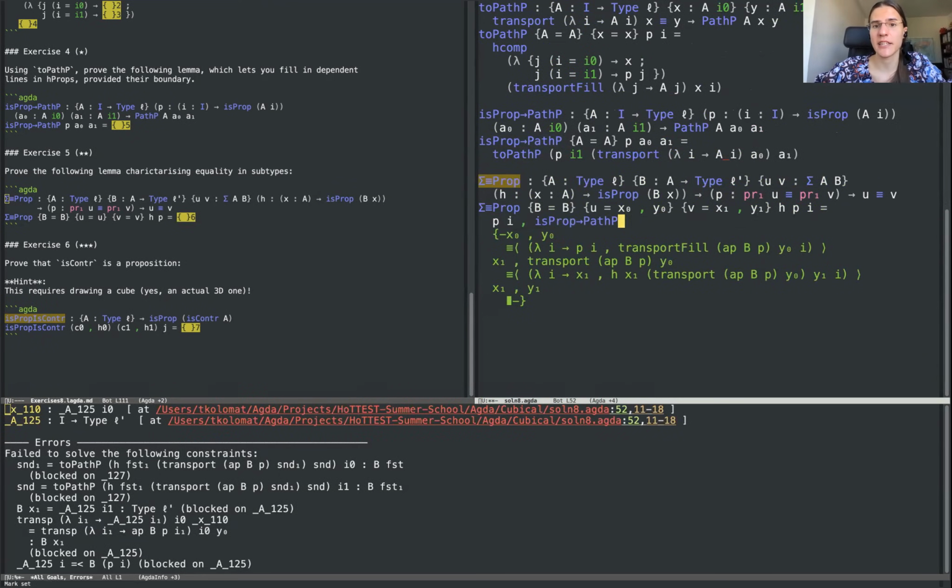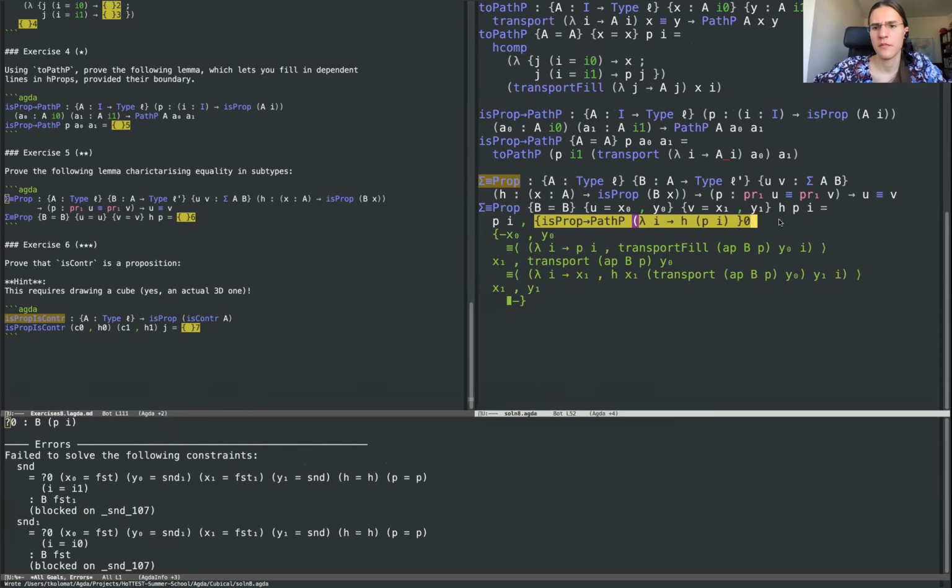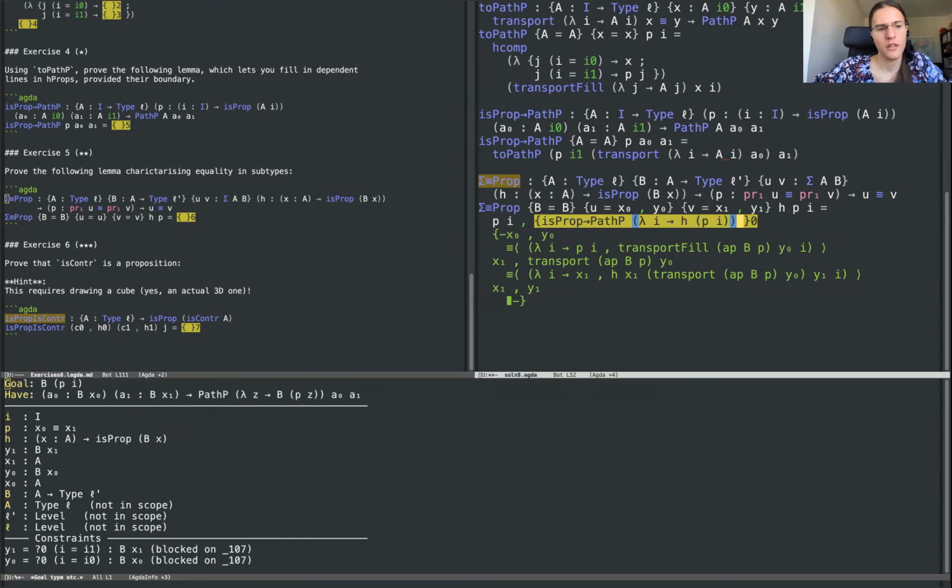I really like that idea. So basically we're going to take a path. Well, that path is going to be H of I to H of P of I, right? And then I'm going to give Y naught, and then I'm going to give Y1.